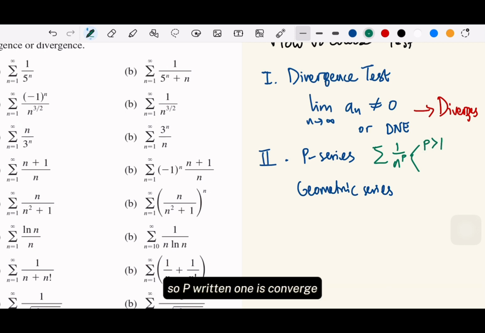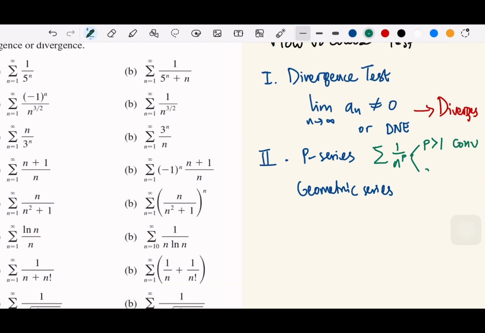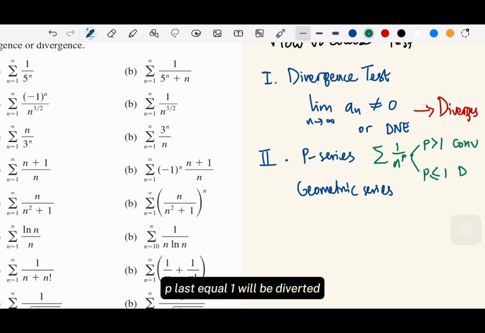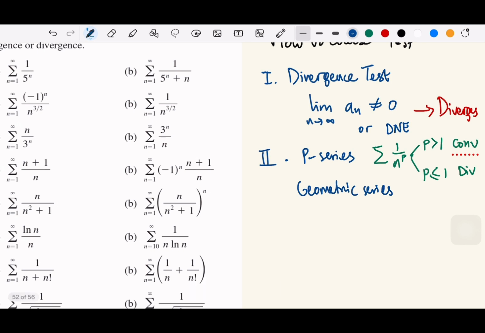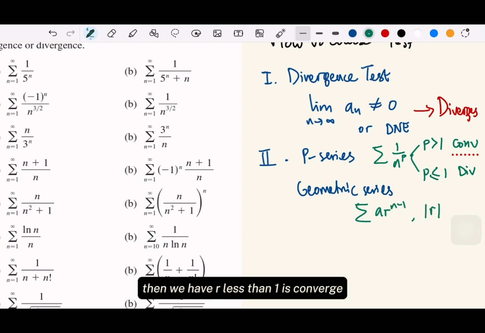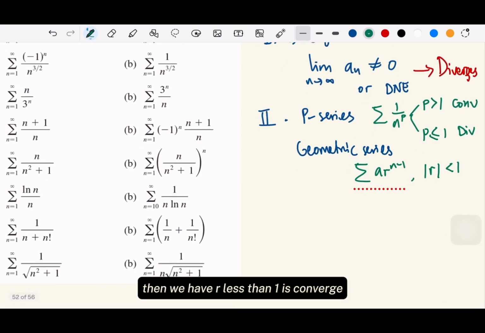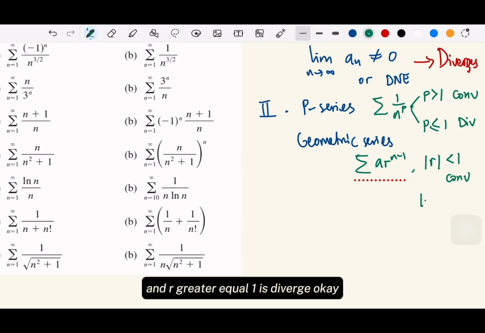P greater than 1 converges, P less than or equal to 1 diverges. And then the geometric series, we have a r^(n-1), where r less than 1 converges, and r greater than or equal to 1 diverges. Okay.